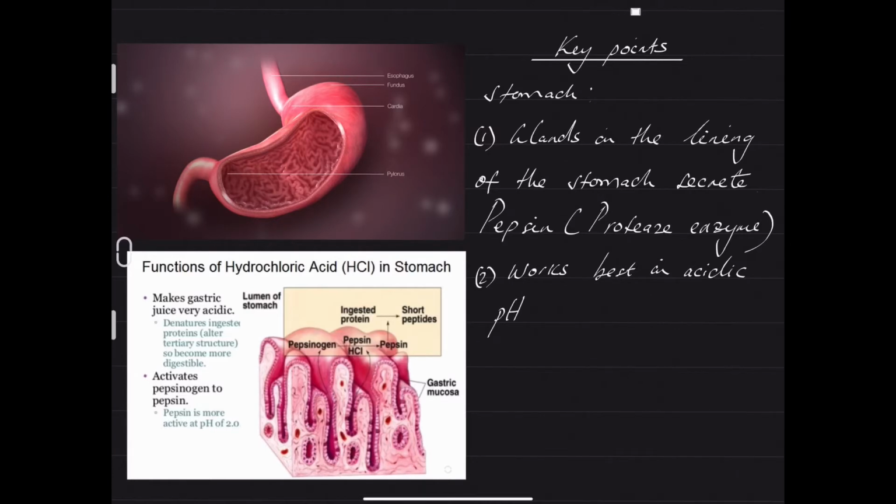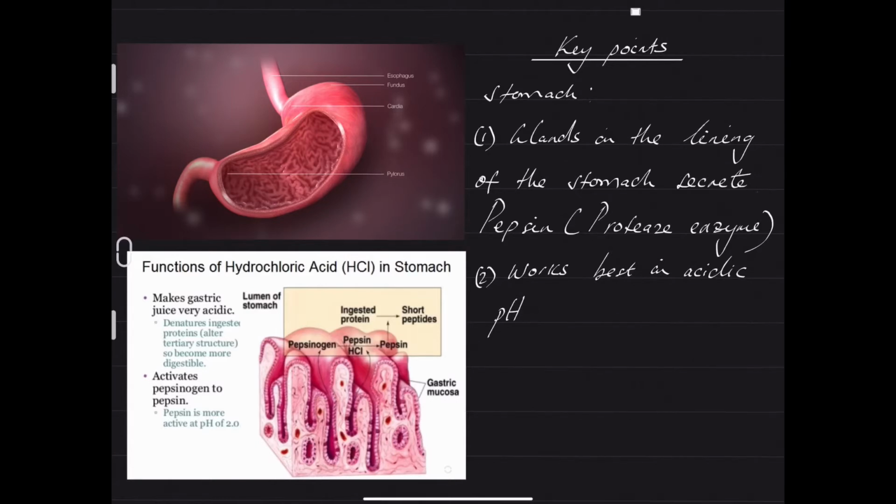Now, to accommodate this working condition of pepsin, the stomach secretes a large quantity of hydrochloric acid, a large quantity, and also it's fairly concentrated as well.